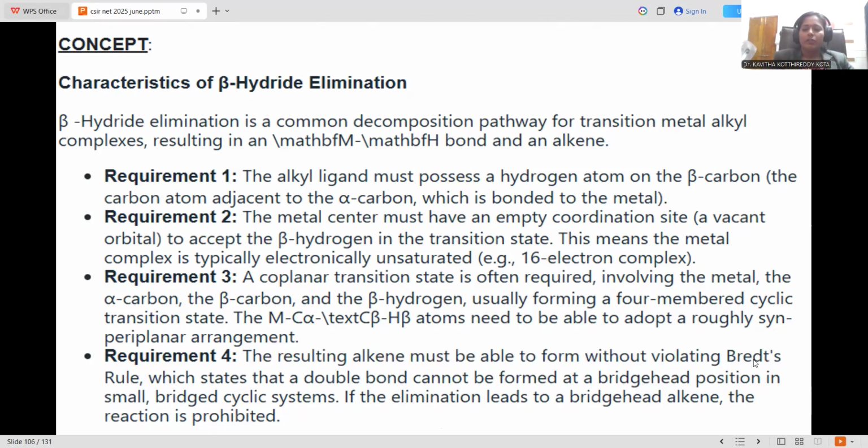So Bredt's rule must be followed in order to go through this beta hydride elimination process. If Bredt's rule is violated, there is no provision for the formation of an alkene within the compound. So this is also an essentiality for this beta hydride elimination reaction. If all four requirements are satisfied by the compound, then only beta elimination will proceed.